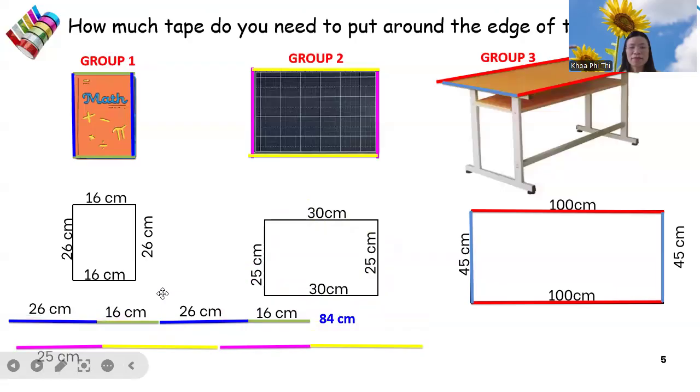You add 25 plus 30 plus 25 plus 30. That gives 110 centimeters. So the length of the tape is 110 centimeters. Well done.